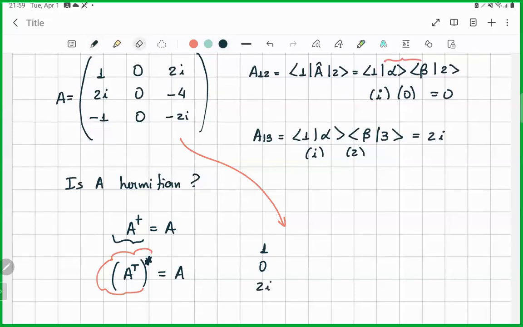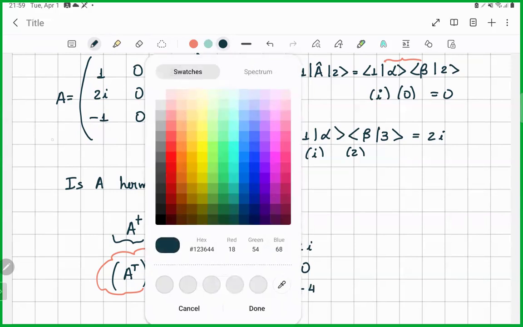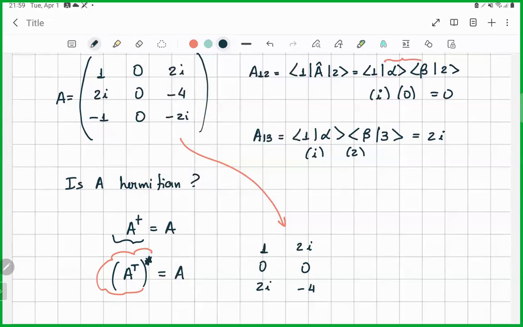Second line, I just copied here. 2I, 0, and minus 4. And then the last line becomes our last column. So minus 1, 0, and minus 2I. Well, careful. Up to now, I only did the transpose of the matrix. Second step, we have to do the conjugate, no?